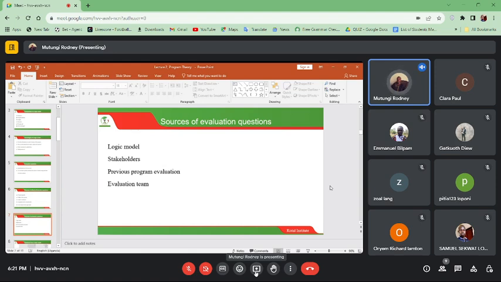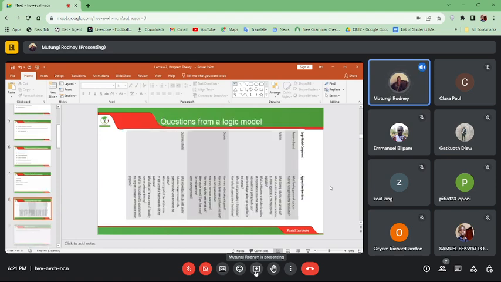Other people could have put in place this program, so you need to always read through their literature, read through their data, and see what kind of questions they ask themselves, okay. So this can also be a very good source of evaluation questions. And then the monitoring and evaluation team, the M&E team, will also be a source, or will be able to develop some evaluation questions.